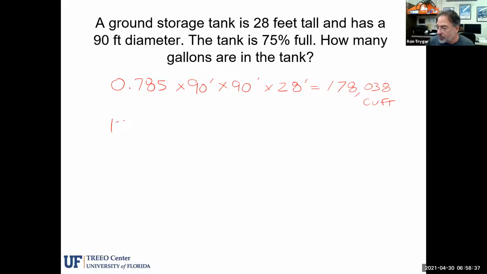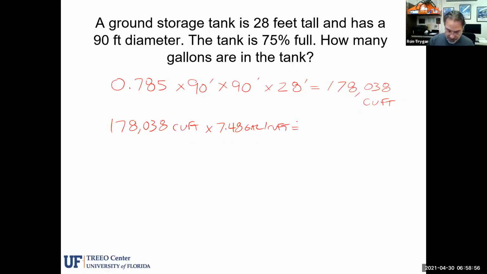So 178,038 cubic feet, we're going to multiply this by 7.48 gallons per cubic foot.